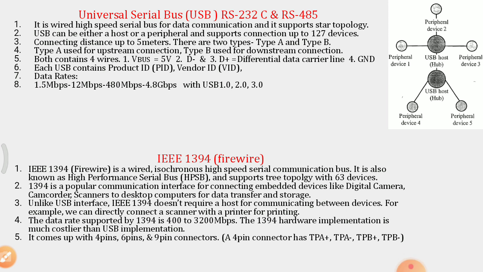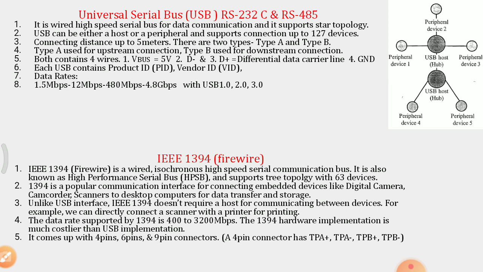Pin number 1 is VBUS, which is used to carry a voltage power of 5 volts. Pin number 2 is D minus and pin number 3 is D plus, where both are differential data carrier lines which are used to carry data. Then pin number 4 is ground.